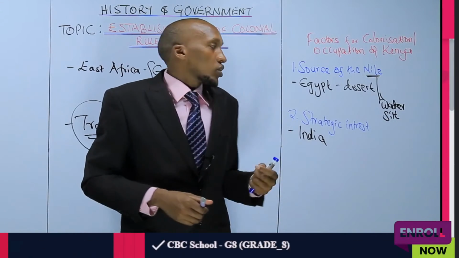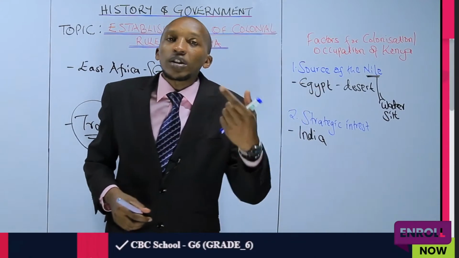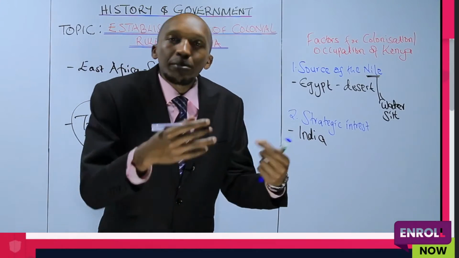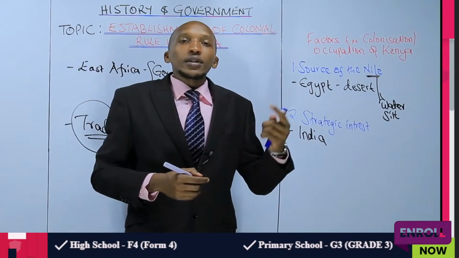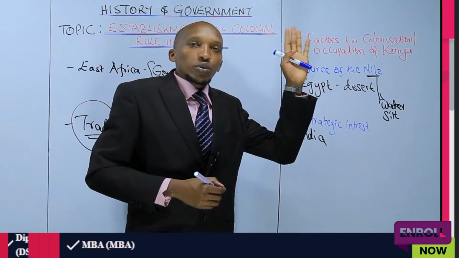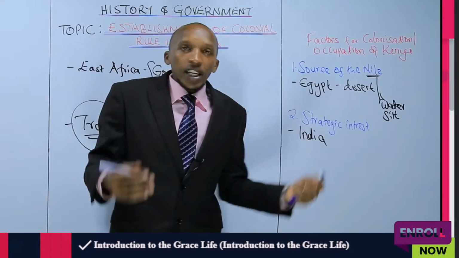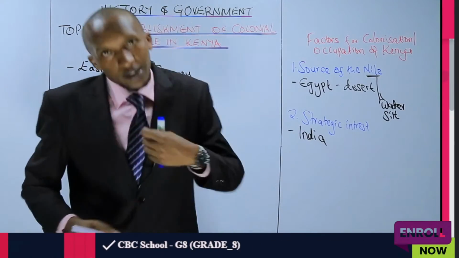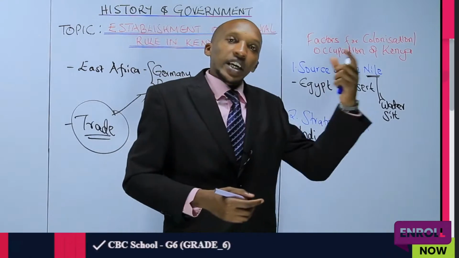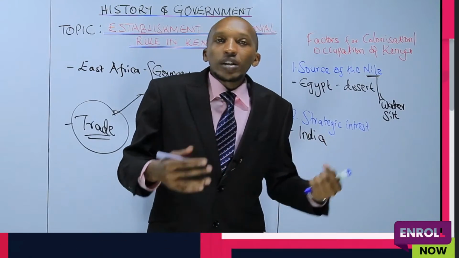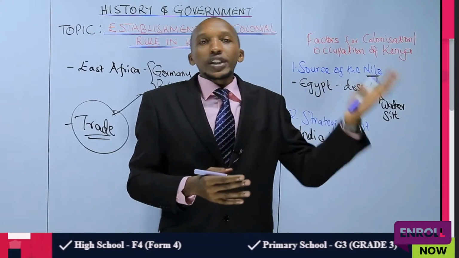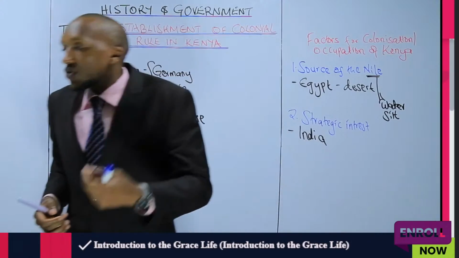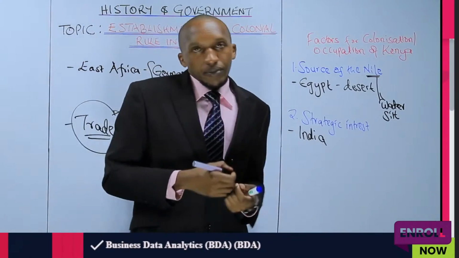It was very essential. So Kenya was a strategic stopover position. It was a calling place for the British as they moved towards India. So they had to colonize Kenya so that they can safeguard their interest in India. They could easily move from Kenya to India in case there was need. So Kenya was of strategic importance to them.